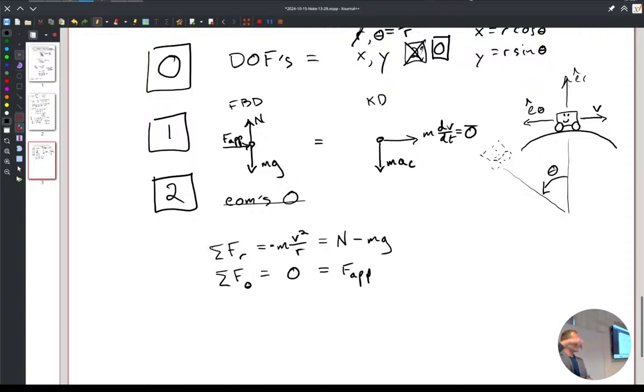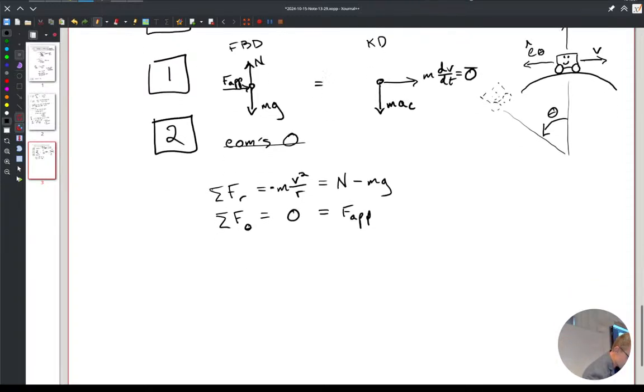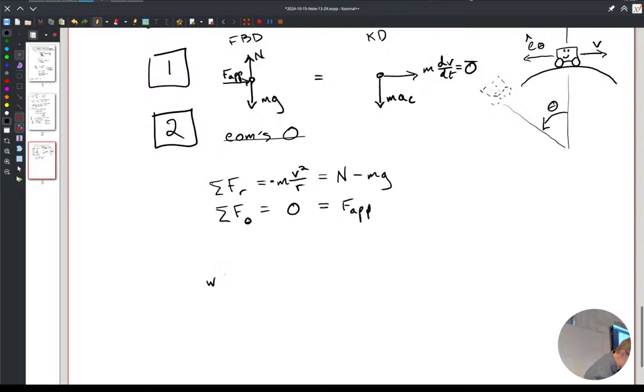There's no magnetic normal force here, just dust and sand. So when N is less than or equal to 0, our guy is flying off, getting some air.